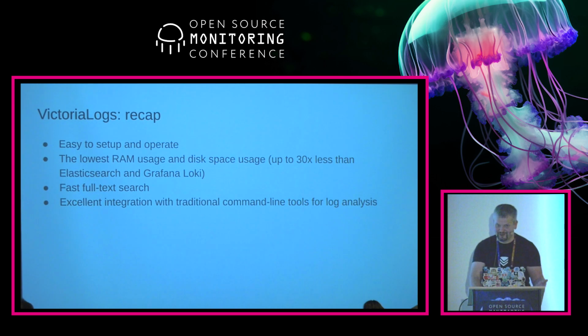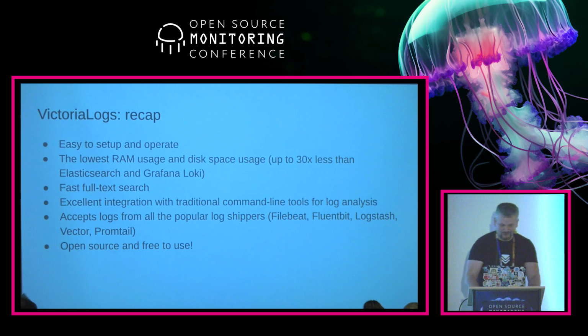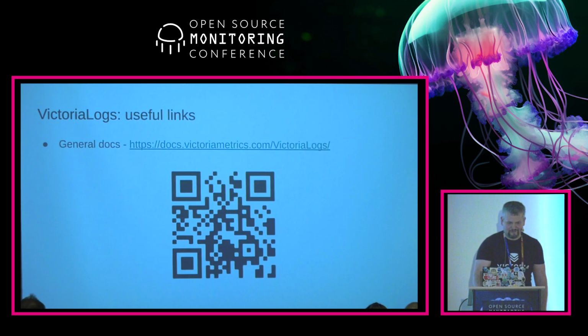It has excellent integration with command line tools for log analysis, and it accepts logs from all the popular log shippers in use right now, such as Filebeat, Fluent Bit, Logstash, Vector, Promtail, and so on. And last but not least, it's open source and free to use, so just try it.